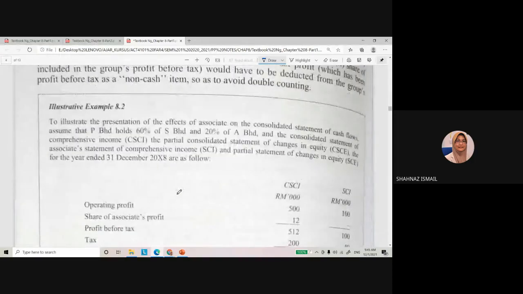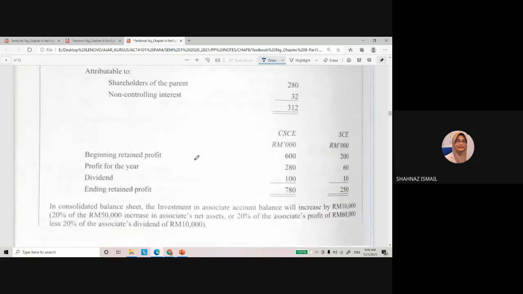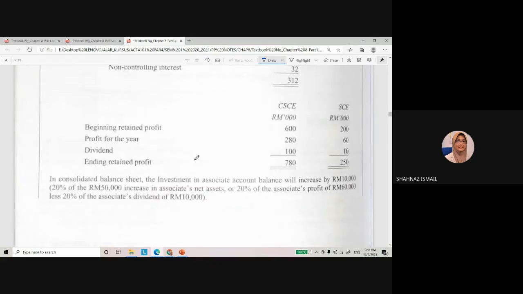Example 8.2. Okay. Dalam example 8.2, P Berhad hold 60% of S and 20% dalam A. So bermakna A ni adalah associate company. Okay. So di bawah adalah the console financial statement dan juga individual financial statement.